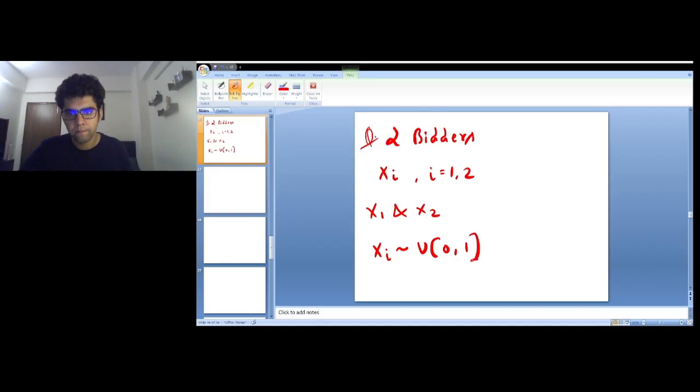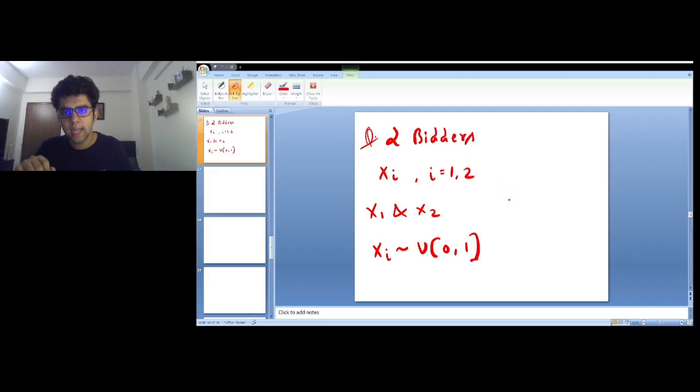Since each of them independently draws their bid, they are independent also.